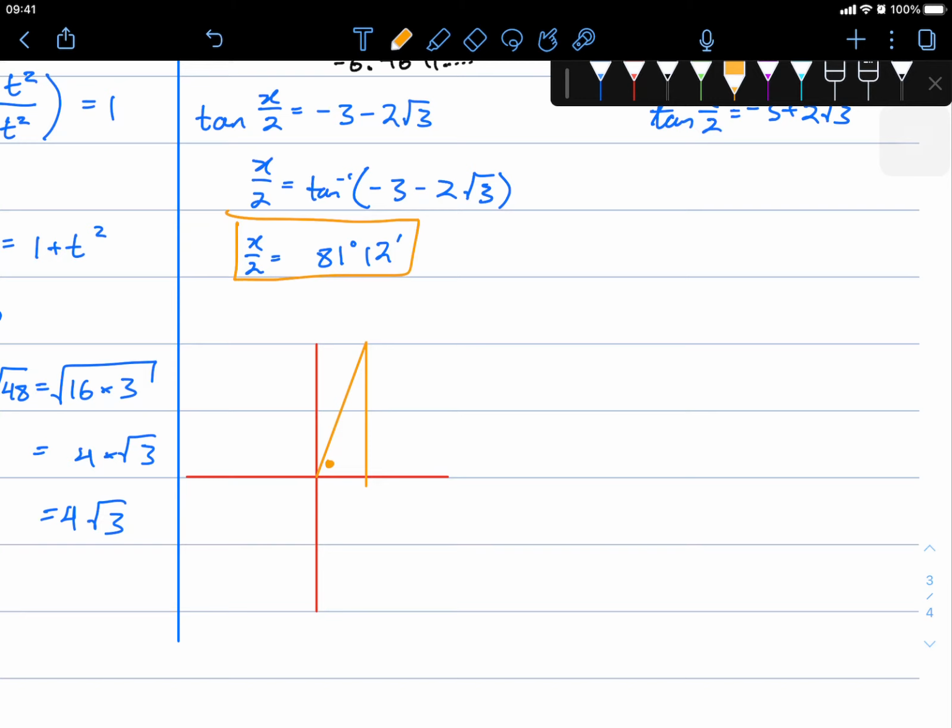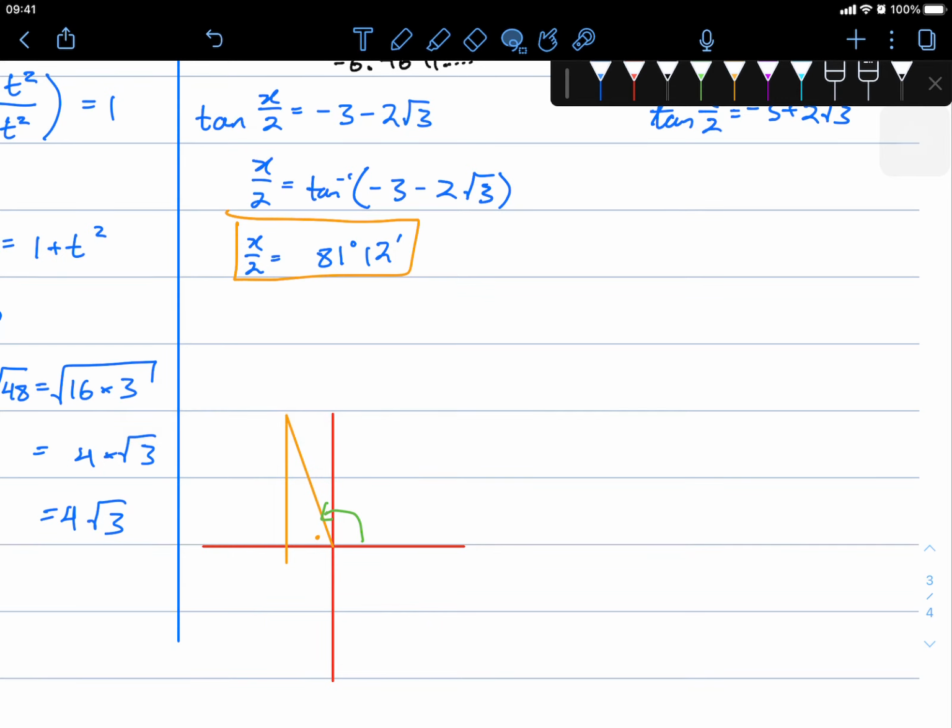If that is 81, we need to find the equivalent of it in the second quadrant. So we're going to say that this angle is 81, which means we're looking for this angle here. Well, that angle is 180 minus that angle there.